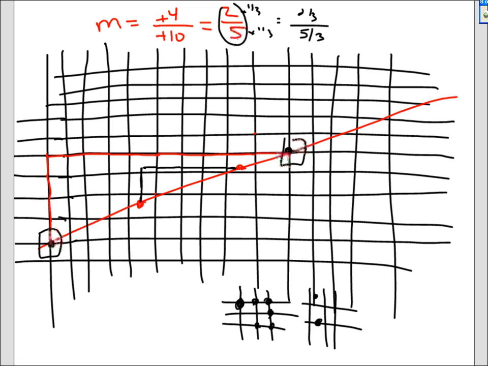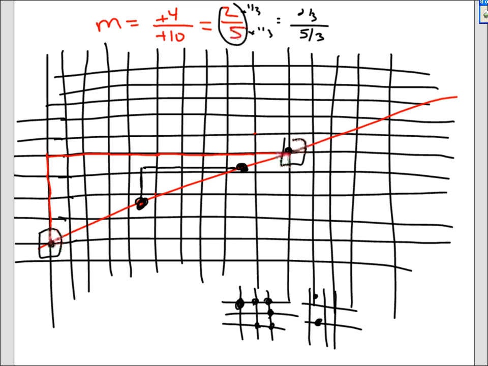If I would have picked these 2 points, I couldn't compute it because I don't know how high up I went and how far to the right I went. So you have to go from the corners. If you don't go from corners, you're not going to get the slope.